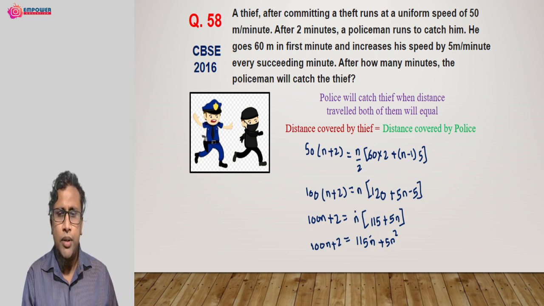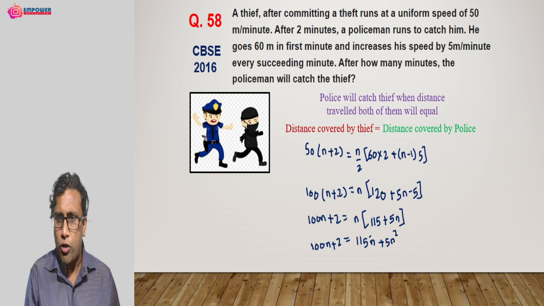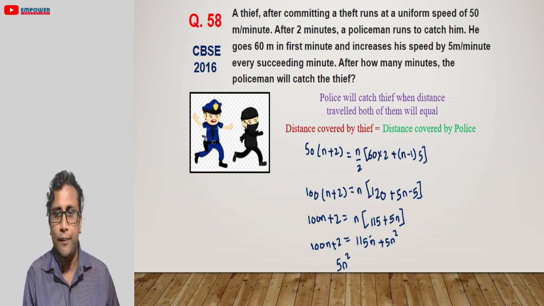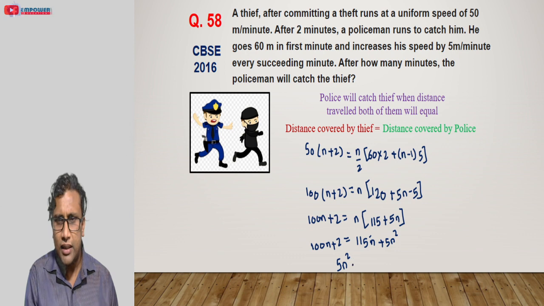So what can we do? Bring this quadratic equation into the standard form. How to do that? So 5n square, I will write it here. I have here 115n, here 100n. So mix them together, so that will become plus 15n, right?